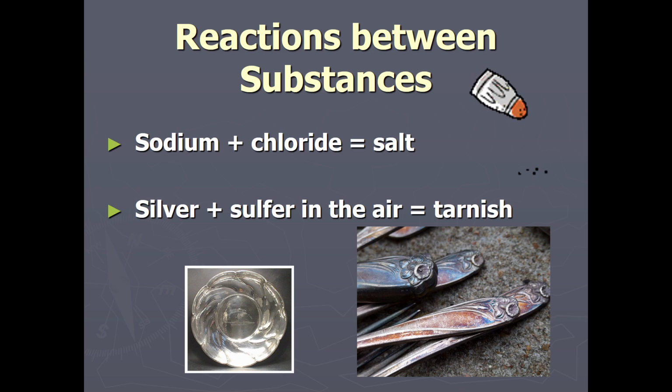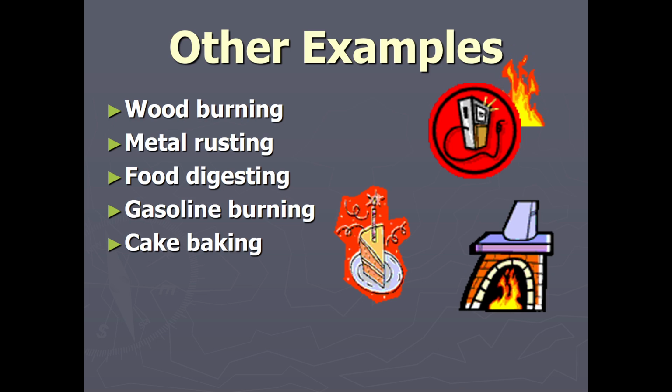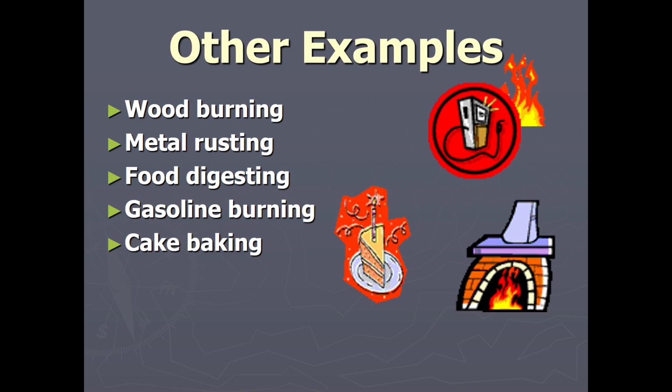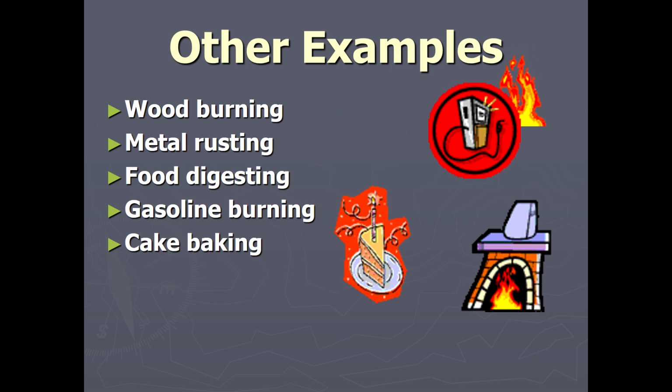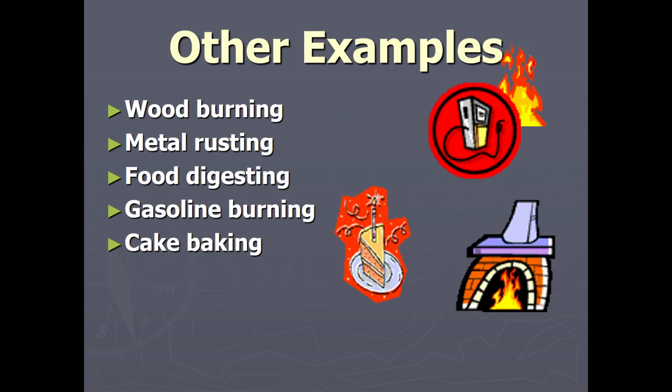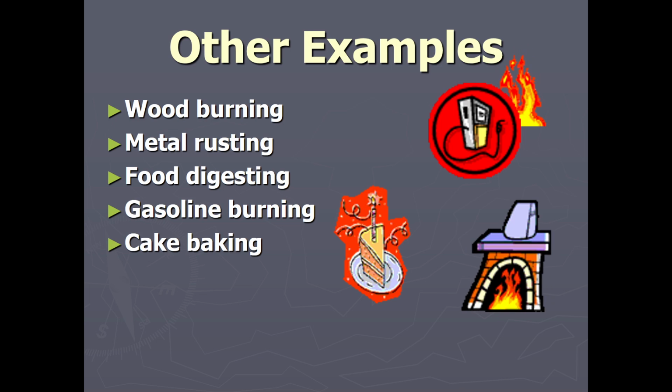So if you have any old, fancy silverware at your house and you see this on it, it actually is a good indication that, yes, that is real silver, because aluminum and steel rust, they don't tarnish that well. Wood burning, metal rusting, food digesting, gasoline burning, cake baking, all these are examples of chemical changes.